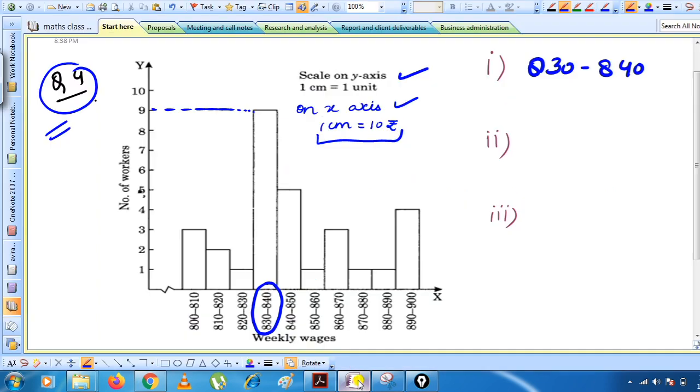The second question is how many workers earn 850 and more? For this, you just check where 850 is coming. This interval is representing 840 to 850. Wait a minute children, let me rub this.